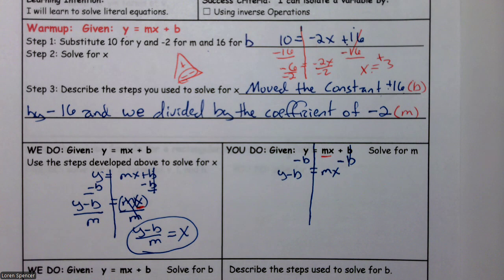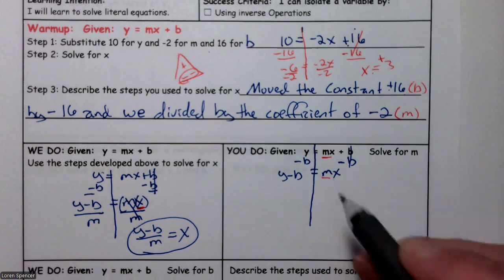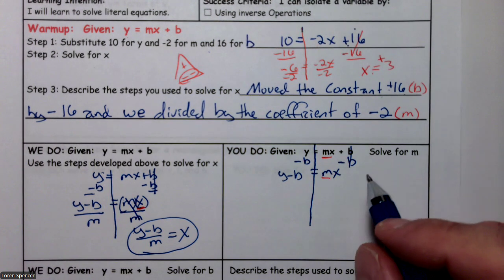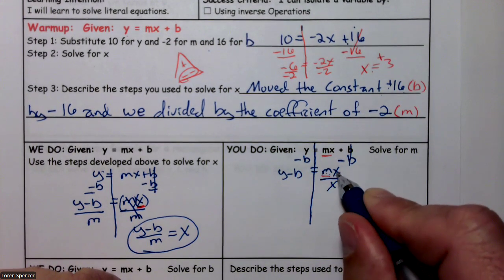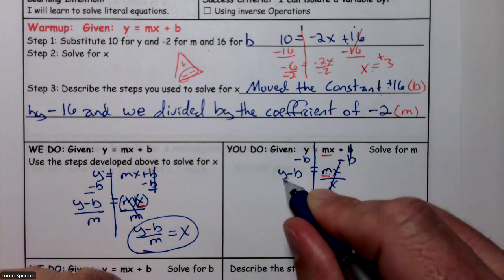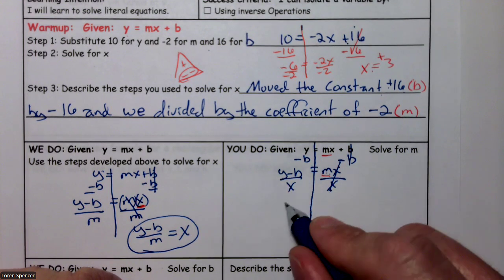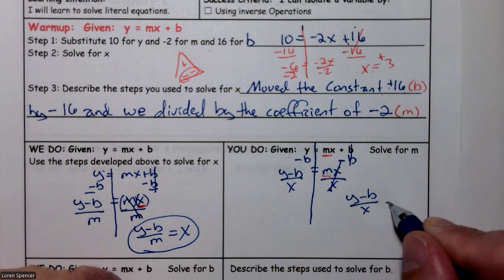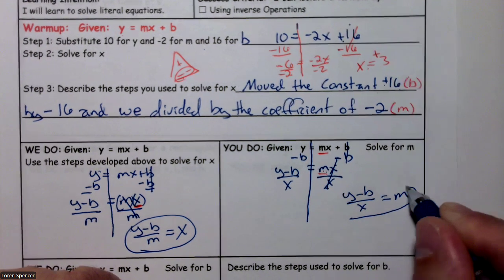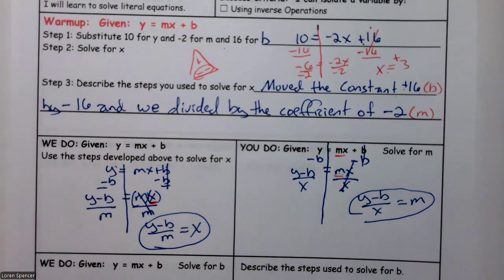Well, I'm still looking for m, and it's side by side with the x. So what do I need to do? Well, if I want the m, then I'm going to have to divide by the x because they're multiplied. So this crosses out. I have to put the x here. So I end up with y minus b over x equals m.